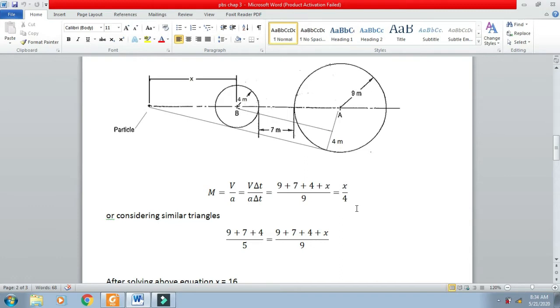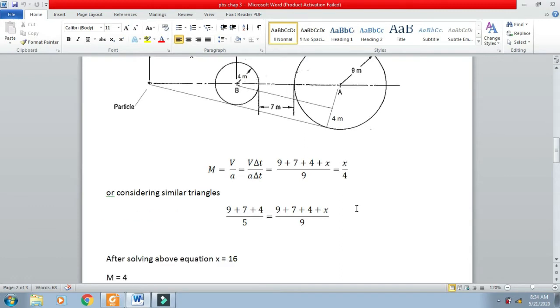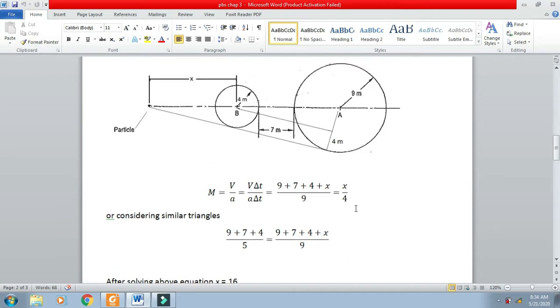Another method to find the value of x is to solve the similar triangles. We can create the similar triangles by drawing a tangent passing through the particle. The two triangles are AB, and we can name this point as C, and the other triangle is AP, and at this location we can mark point T. So APT and ABC will be similar triangles.